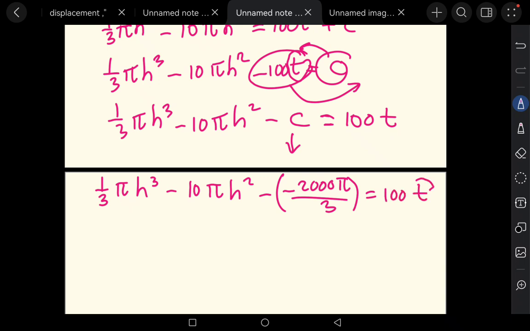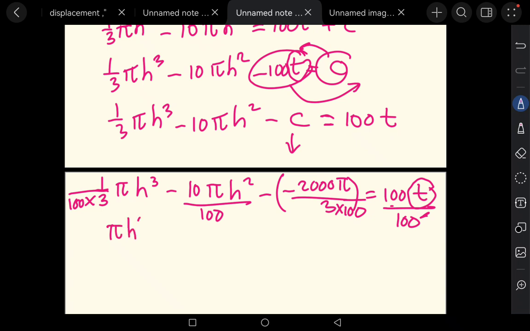Okay, we need to find only t, time. That's what the question is asking about. So let's divide this by 100. So if we divide by 100, this is times 100. Am I right? Yes.